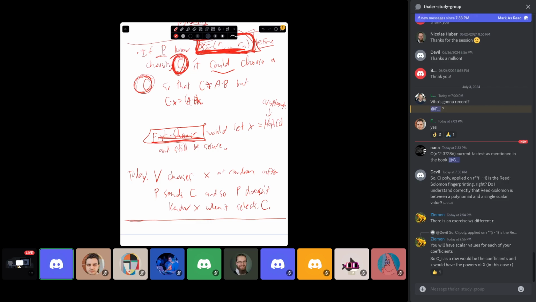But at that point, you literally just could have the verifier ignore the prover, or sorry, not ignore the prover, just directly check one entry. The verifier could just compute one entry of A times B, for a random IJ, and it can do that in order n time, right?